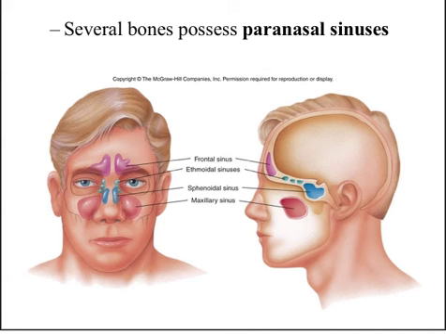We also see sinuses in the maxillae, the bones of the upper jaw, and in the ethmoid bone, which sits atop the nasal cavity and articulates inferiorly with the vomer, the bone of the nasal septum, and articulates posteriorly with the sphenoid bone and laterally with the maxillae.